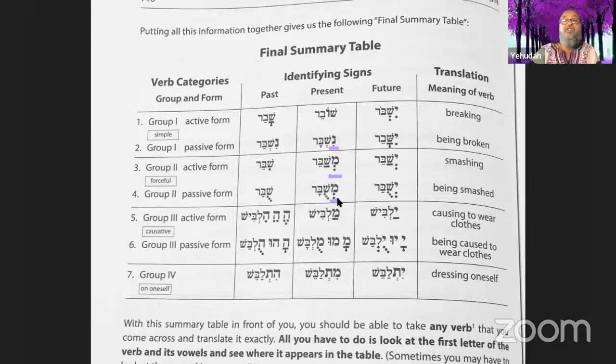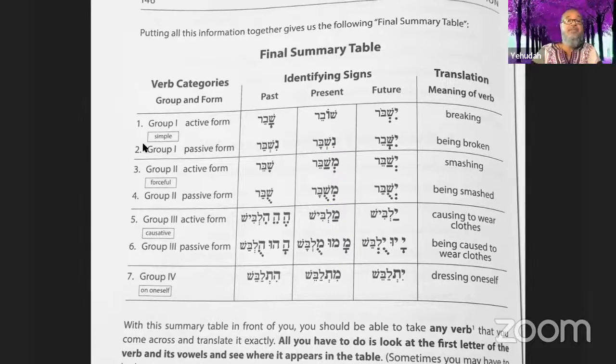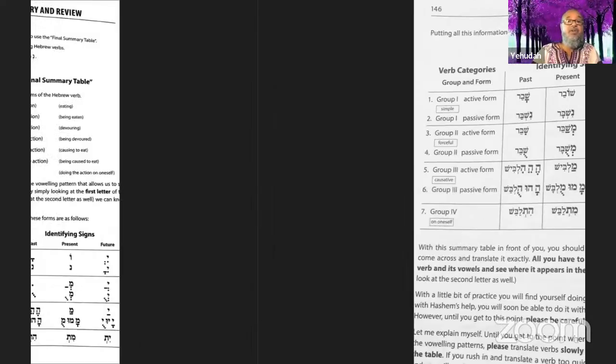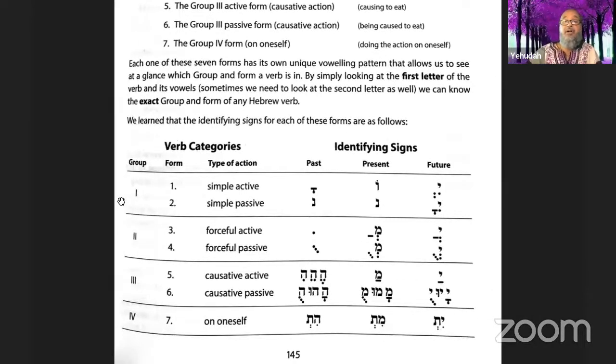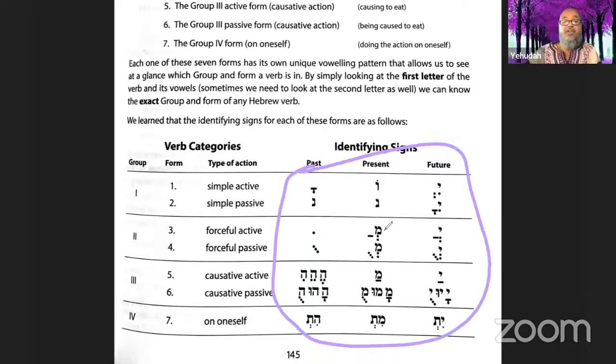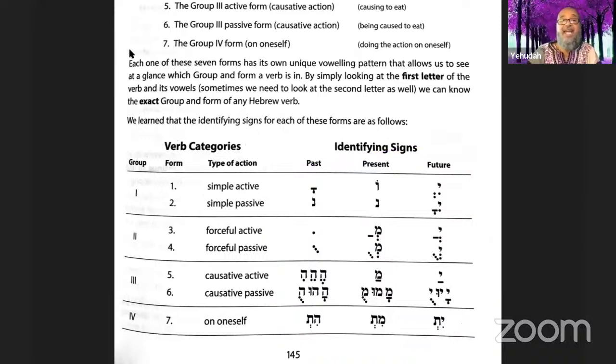So every mark that you saw on the first one, and let me just go back right quick to show you, everything that we just saw on this one here on the bottom, what they've done is they're going to put these marks, these identifying signs, in place where you would see it with a verb. Okay. So what they're going to show you is like, hey, that's present tense. This only makes sense when it's attached to a verb.